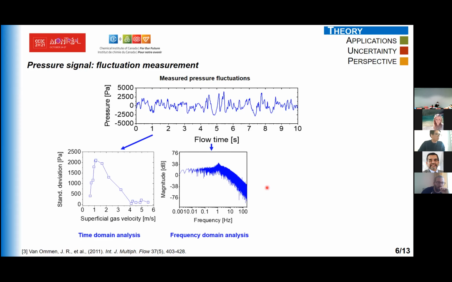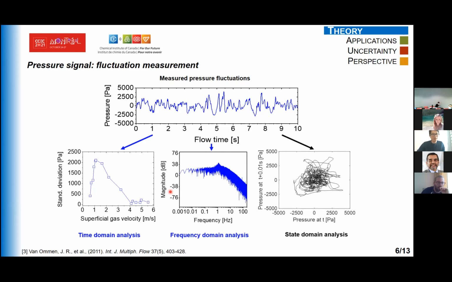such as the calculation of the standard deviation, and also cycle time, which is the number of cycles of this fluctuation across its mean, and also frequency domain analysis that includes the power spectrum and power spectral density, and also the wavelet method, with which you can decompose your signal into representative wavelets at different frequency scales.